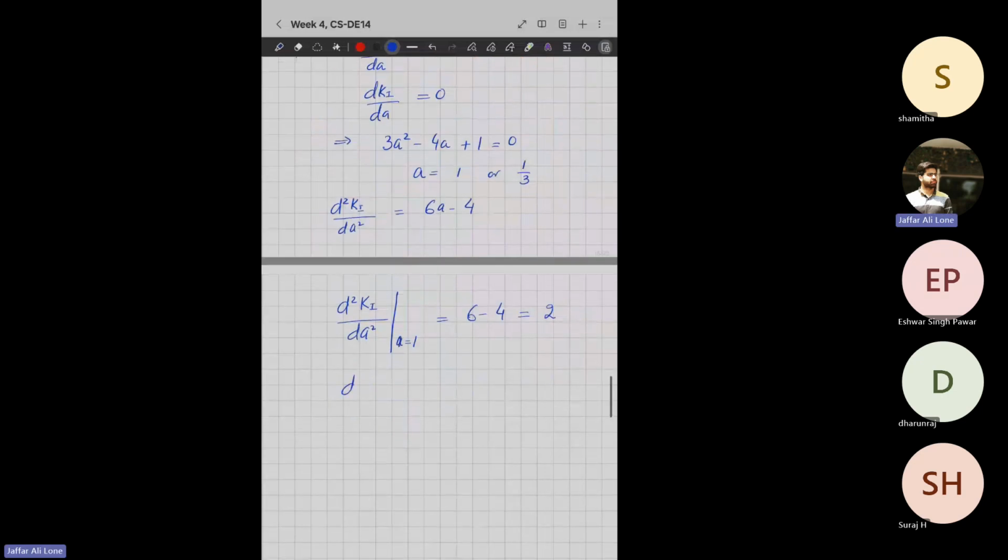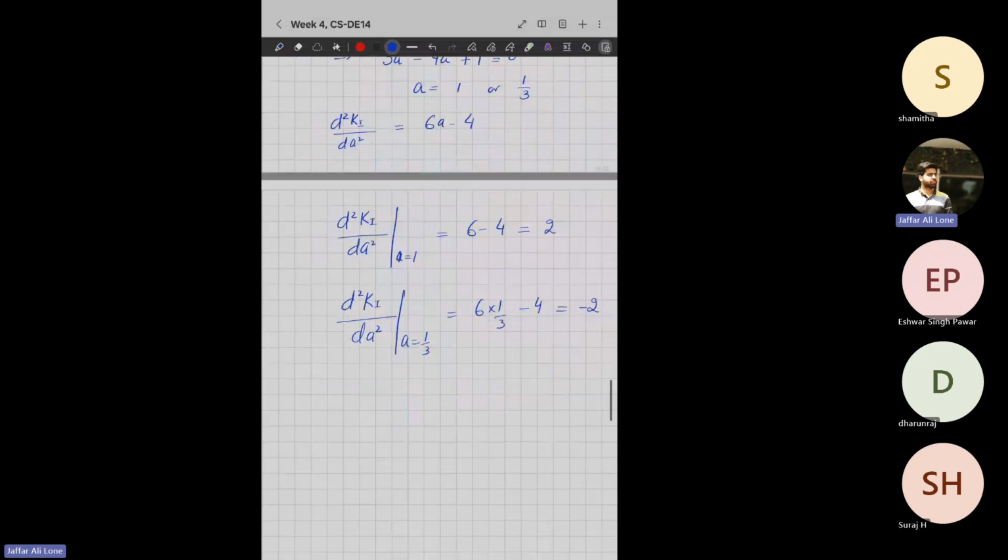And d square Ki by dA square at a equal to 1 by 3 is 6 into 1 by 3 minus 4, which is minus 2. So it means the value of the double derivative is minimum at a equal to 1 by 3.